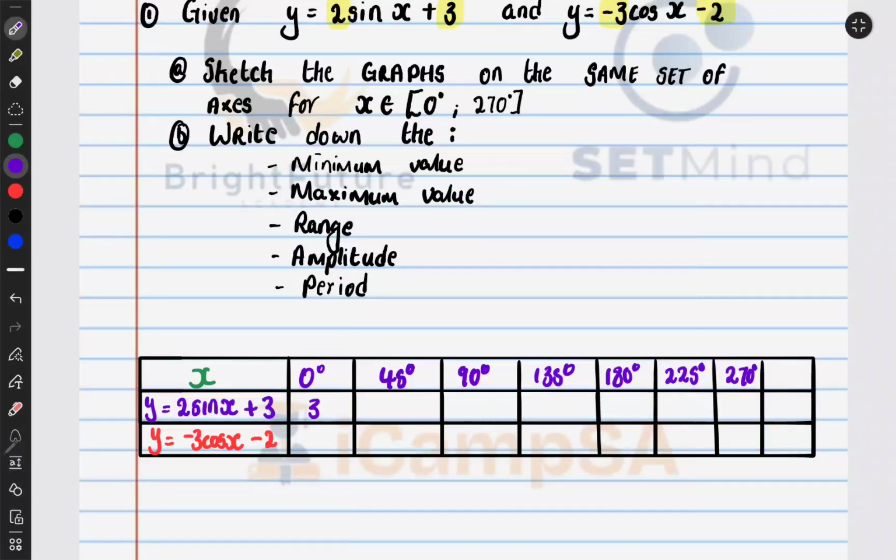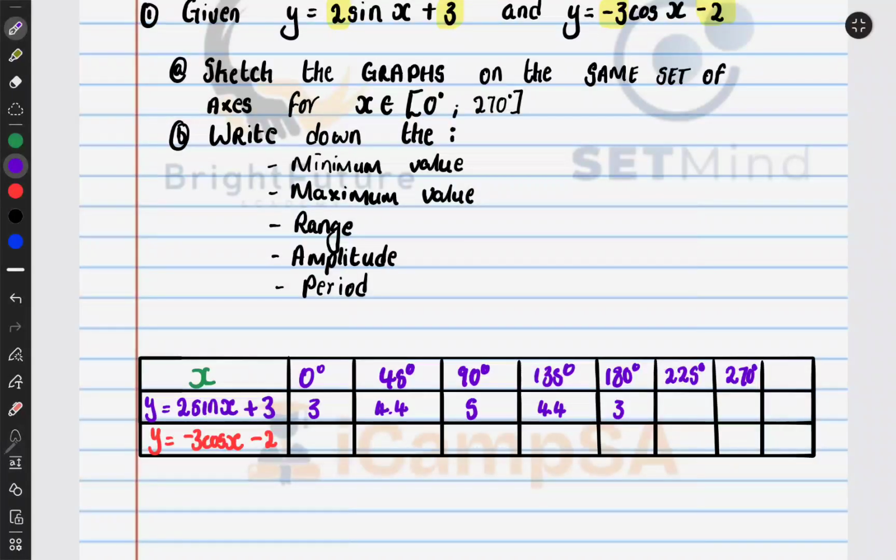And then let's go to 45. 45 is 4.4. I'll go with 4.4. And then let's go to 90. It's 5. 135, at 135 we have 4.4. 180 we have 3.